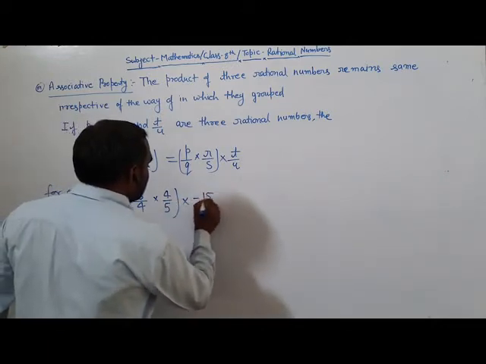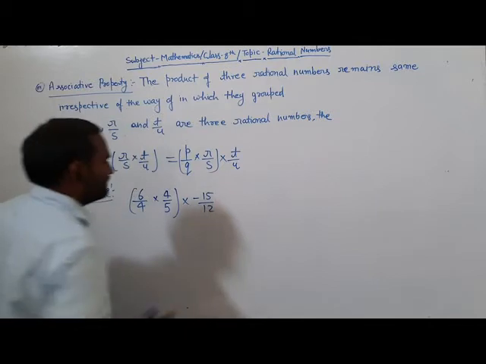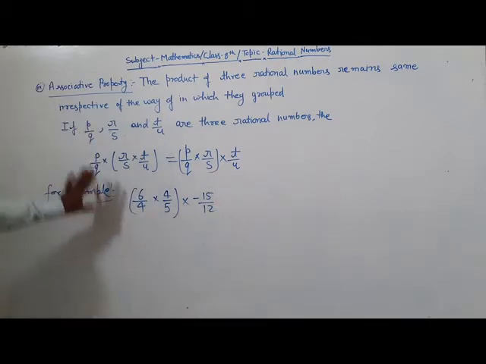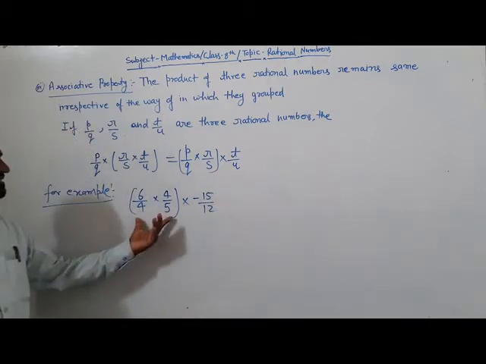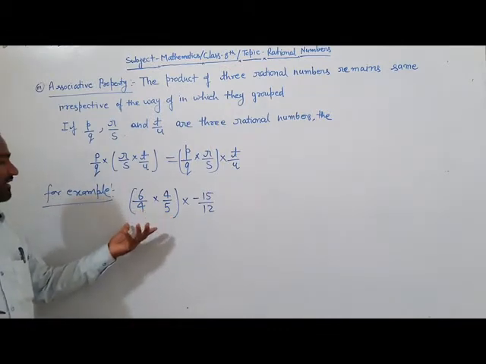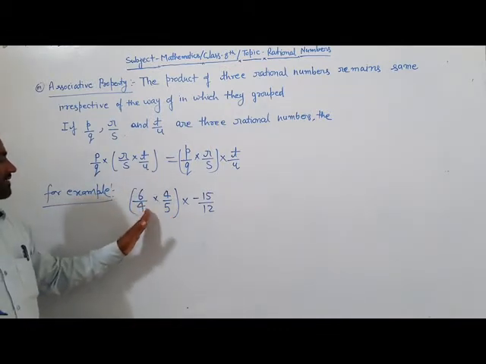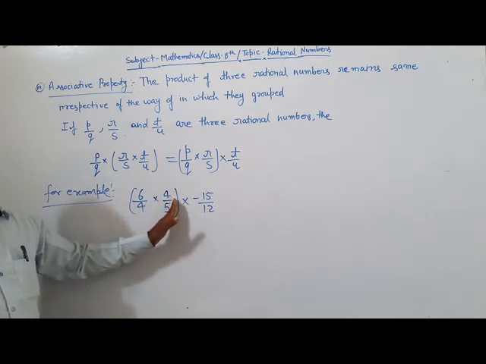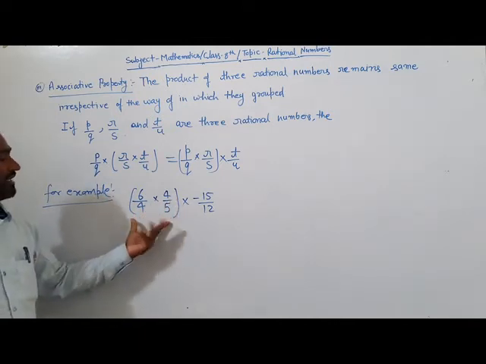Here the first and second rational numbers are grouped. First of all, the first rational number and second rational number are multiplied in the group.